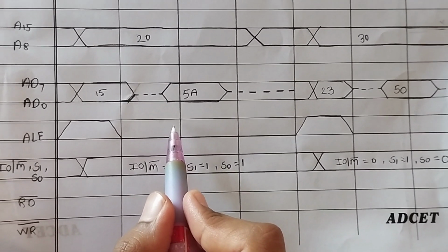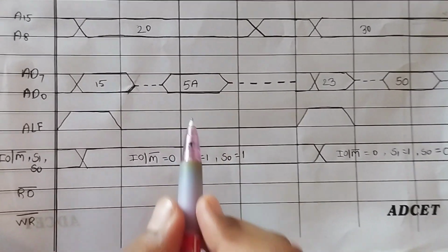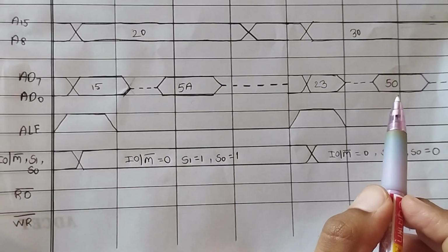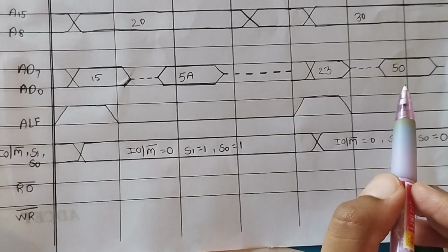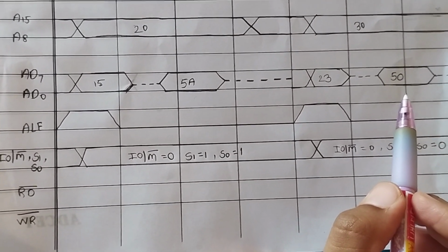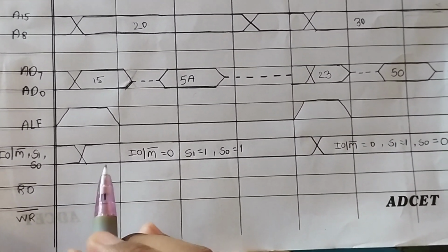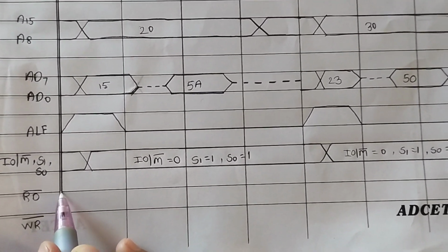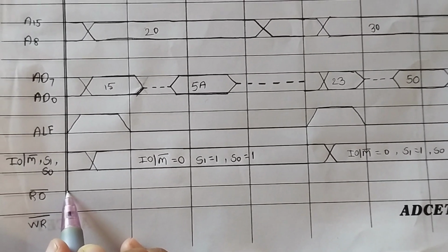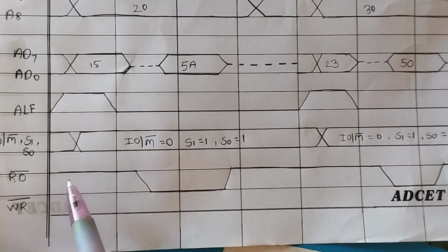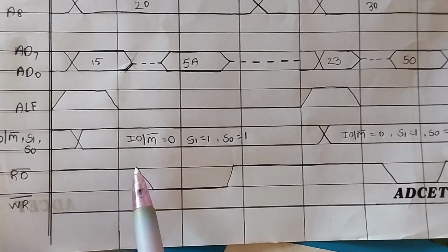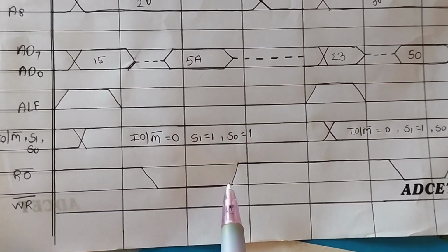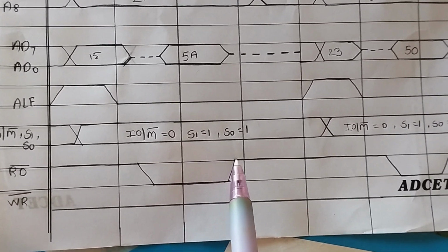In this cycle we use the read signal 2 times. First we read the opcode, then we read our data. So how do we draw the read signal? First our read signal is high. Then when we read the opcode, that time it goes low, then again it becomes high.